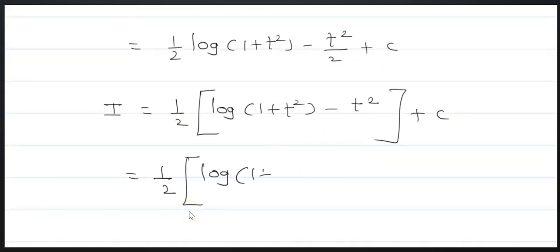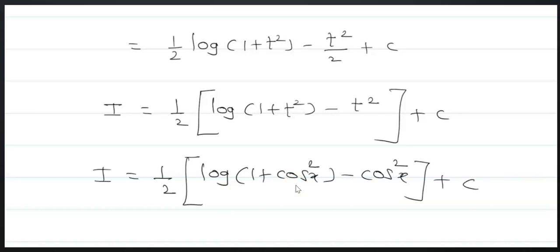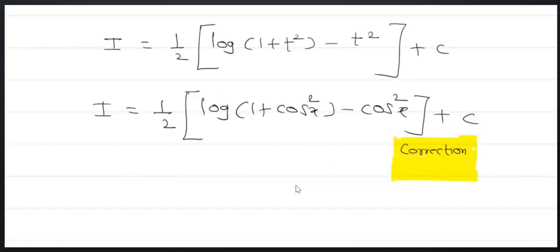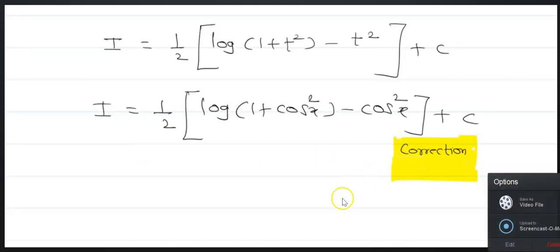Replace the value of t, that is 1 upon 2 log of 1 plus cos square x minus cos square x plus c. Again there is a correction in the answer. Therefore, this is my answer. If you agree, then write down this answer. Otherwise, follow the answer from the textbook.